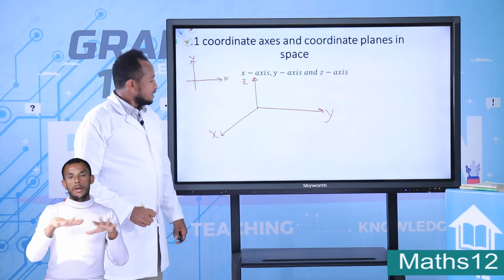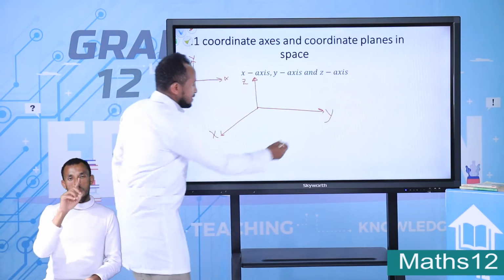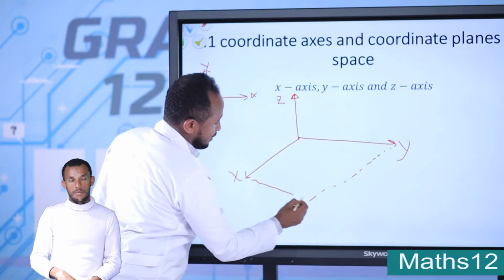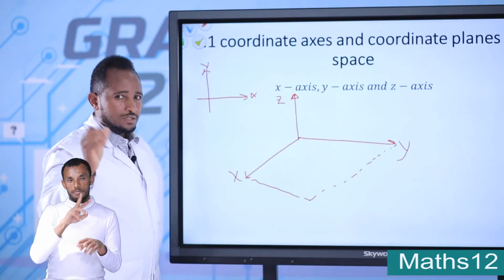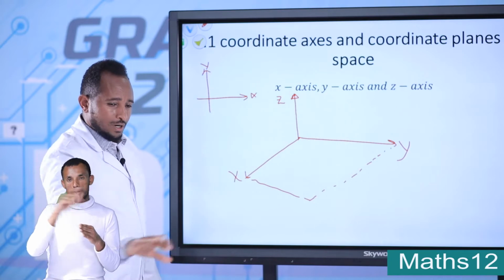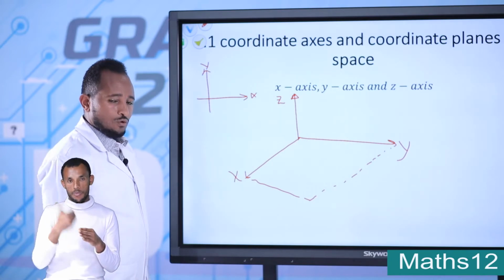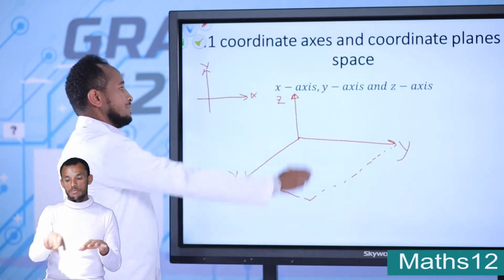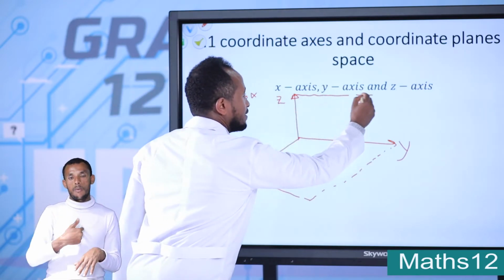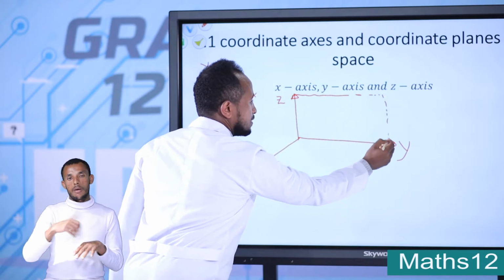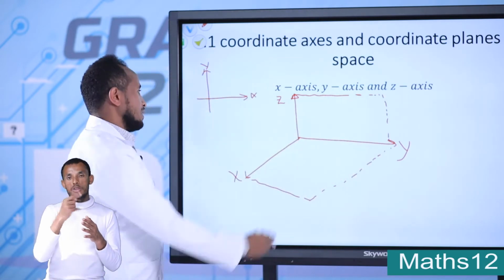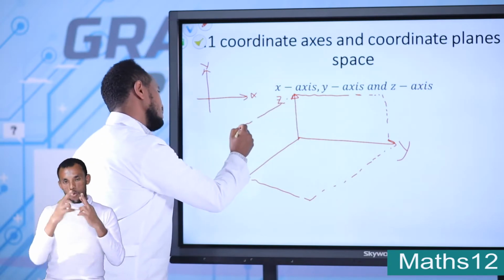One plane you can see here, this plane. You can imagine in your home, the floor to be the xy plane, and we have another plane here, the zy plane, one of the walls of your room, and the other plane here.